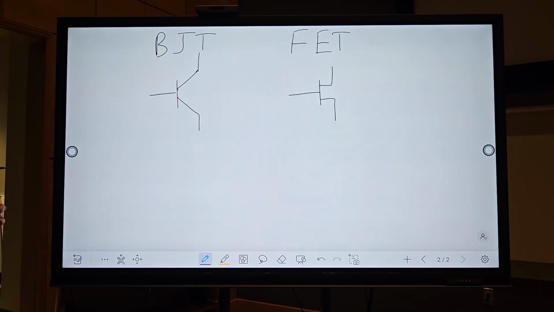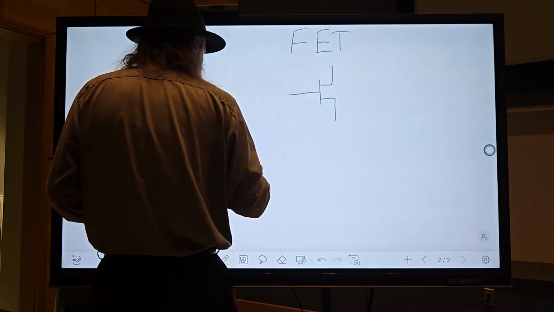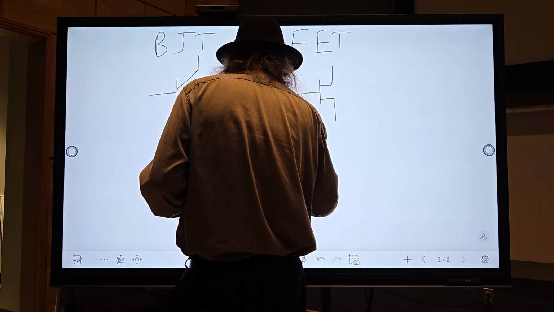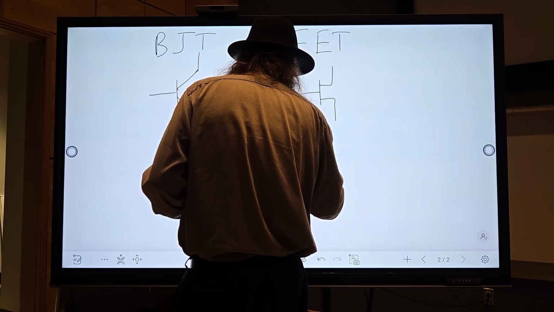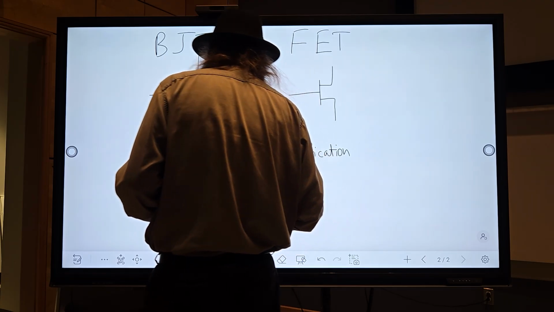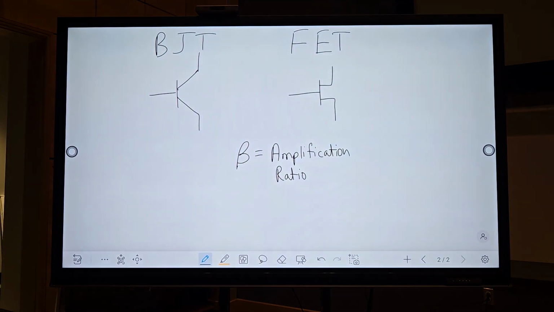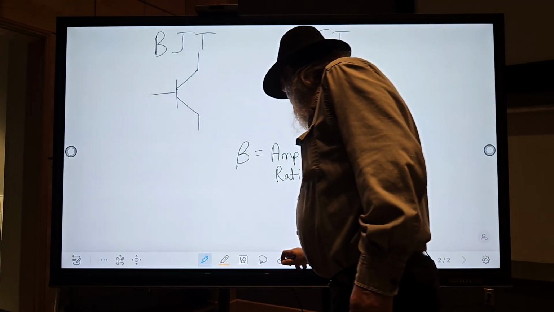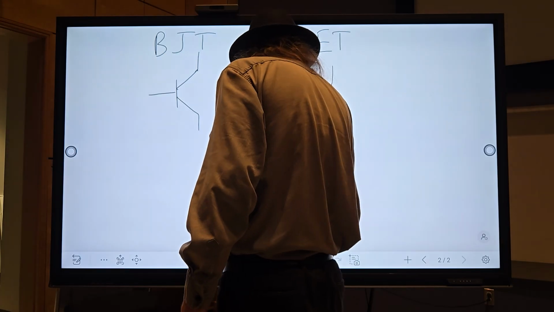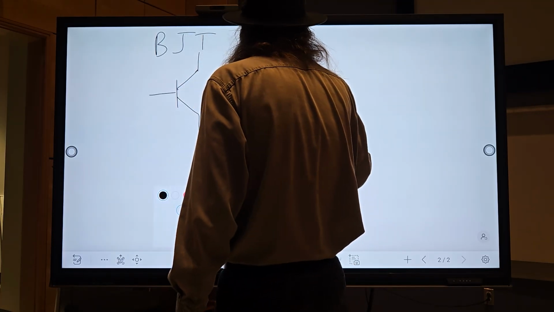In the data sheets for these components there is a characteristic known as the beta, which is the amplification ratio, basically. Let me use the BJT as an example.